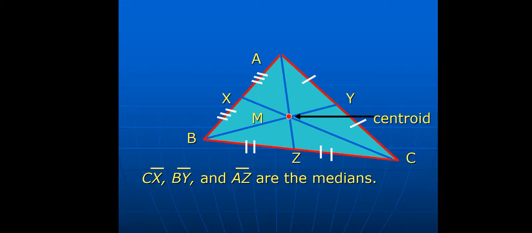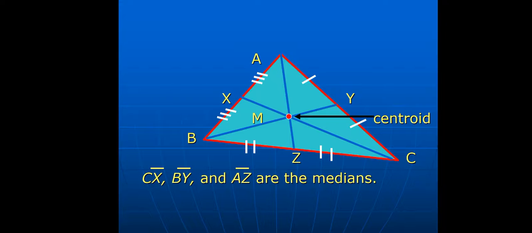So dapat yung B talaga ay nandun sa Y kasi yung Y is the midpoint of AC. Same sa AZ, ang midpoint ng BC is Z, so yung vertex A ay diretso sa Z. Ganun din sa CX, which is yung midpoint ng BA is X.